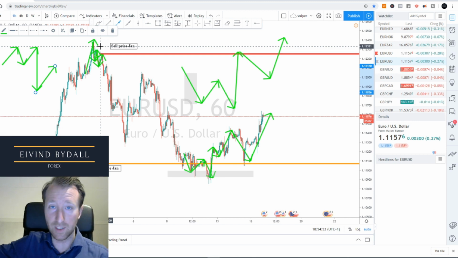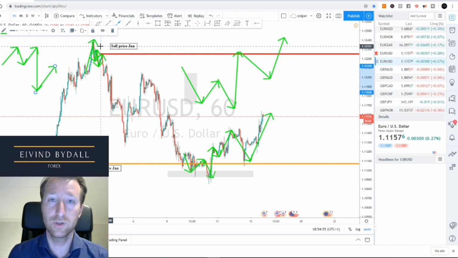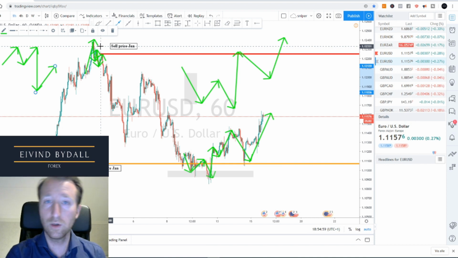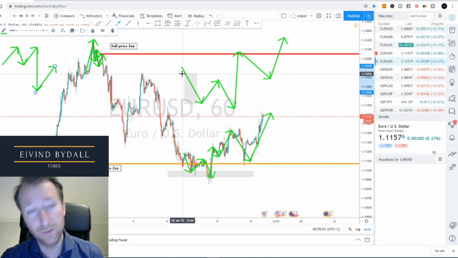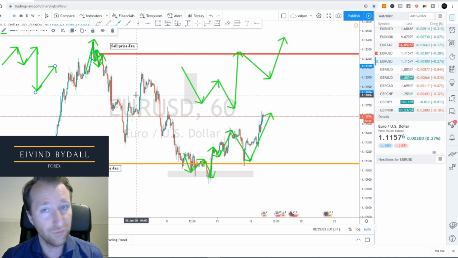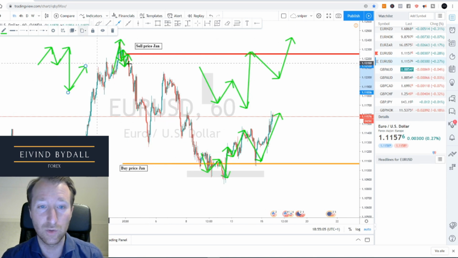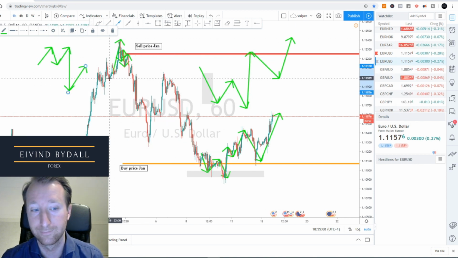Not any other day in the month, 1st or 2nd. Okay? Very important. Now you can go around, look at your pairs around 1st of the month. Do you find any price at resistance or support? What happens?